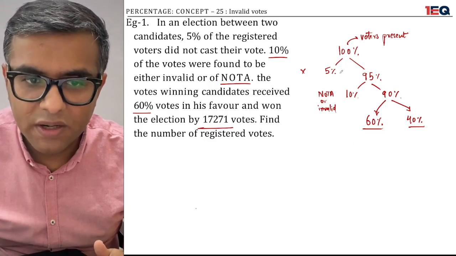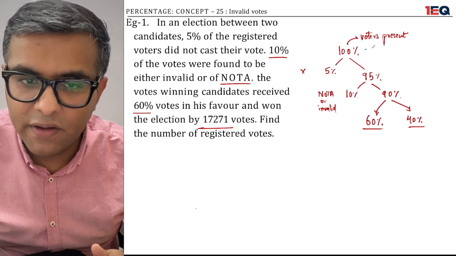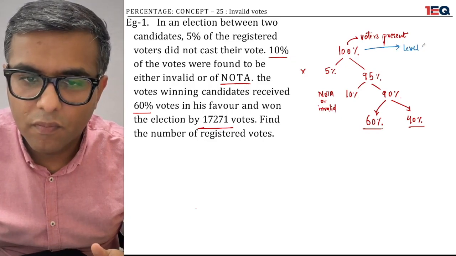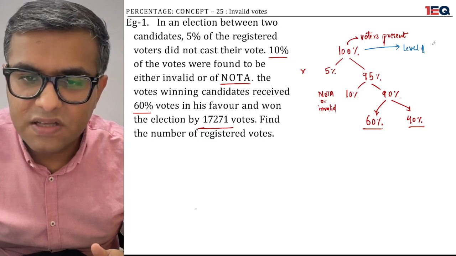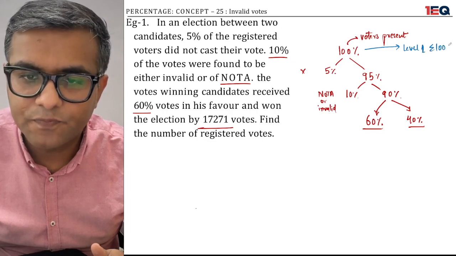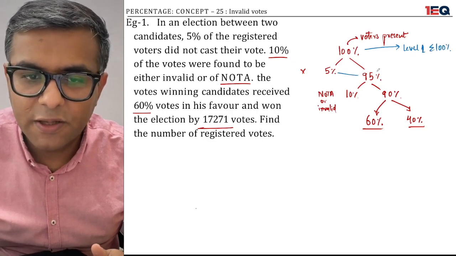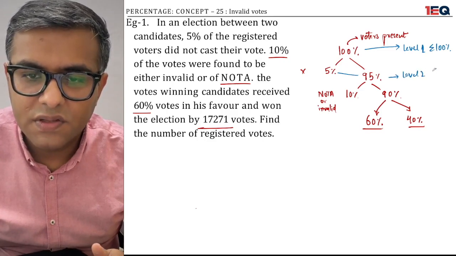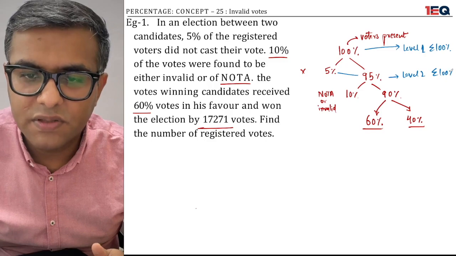But what I'm going to tell you is that at each and every level, this is level 1, the sum should be 100%. Similarly, level 2, the sum should be 100%.